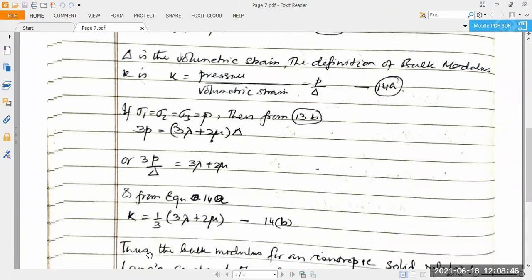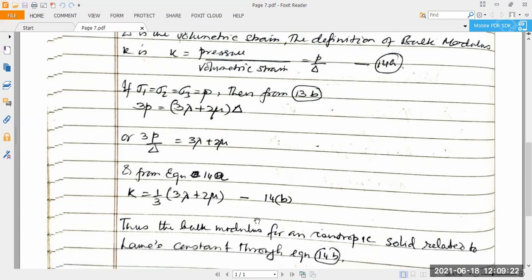Similarly, from equation 14a, if we put the value of K here, pressure P is K multiplied by delta, and P by delta is equal to 3 lambda plus 2 mu over 3, that is, K is lambda plus 2/3 mu.